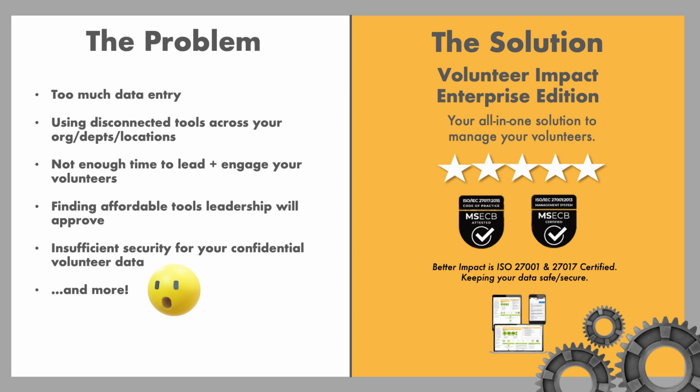A big issue at the moment is insufficient security for your confidential volunteer data. So that is a huge thing for us at the moment, security. That's one of our highest priorities, and something we do pride ourselves with. So I'll be exploring security a little bit more and explaining that, and a little bit more information on common problems, and us being the solution.